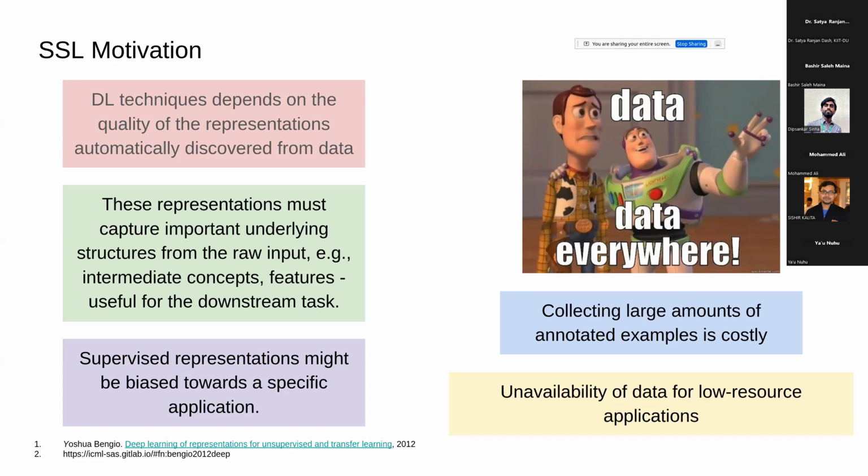It will not be useful for, for example, speech recognition or emotion recognition. Correct? So that's why we need some representation which is universal, which can be used for different tasks. So can we leverage that huge amount of data to build something like that? And second, most important, the availability of data for low resource applications.